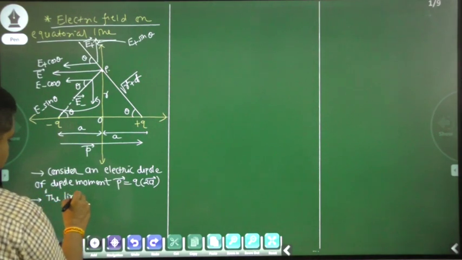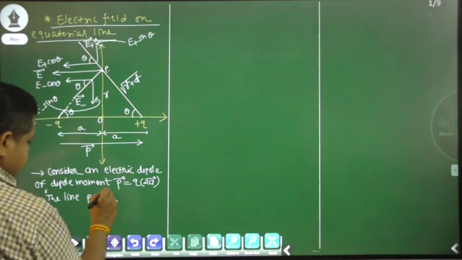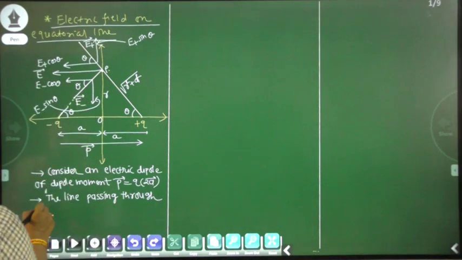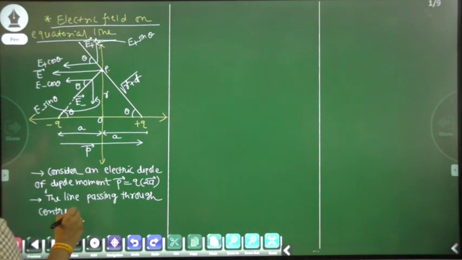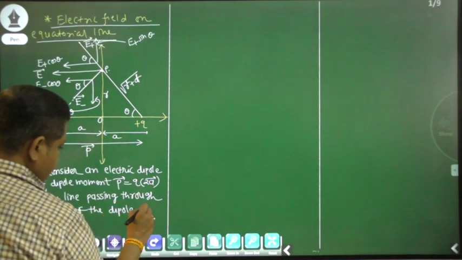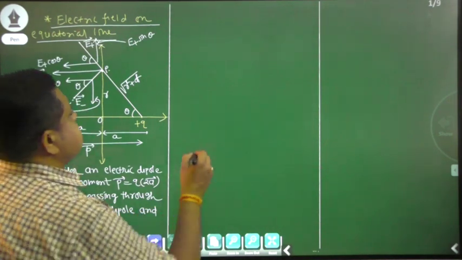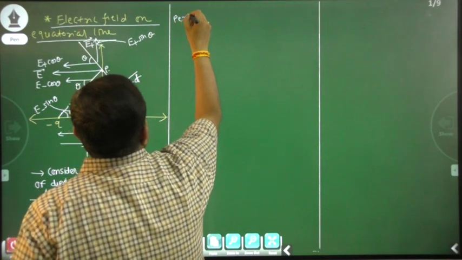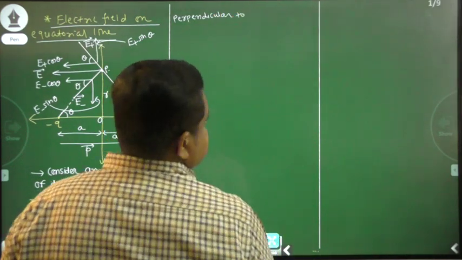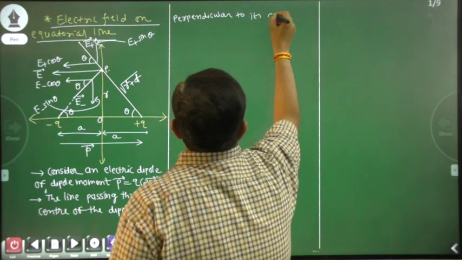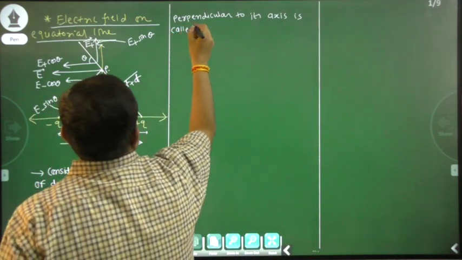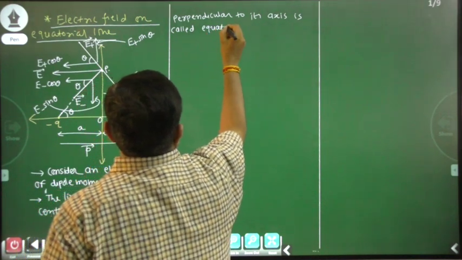The line passing through the center of the dipole and perpendicular to its axis is called the equatorial line.